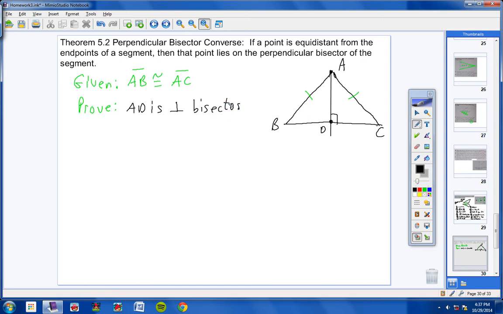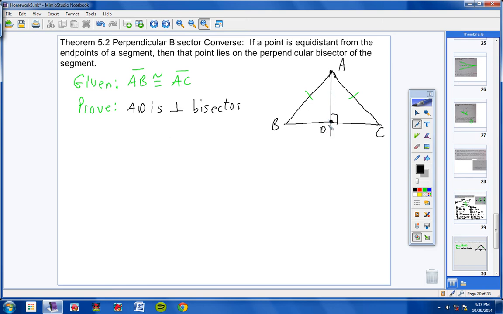And so here we go. Now my goal is this. I already have drawn a line here so that it's perpendicular. So if I want to prove that AD is a perpendicular bisector, I already know that it's perpendicular just by how I drew the line.